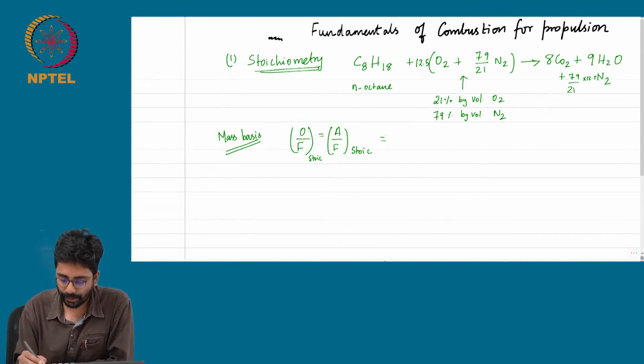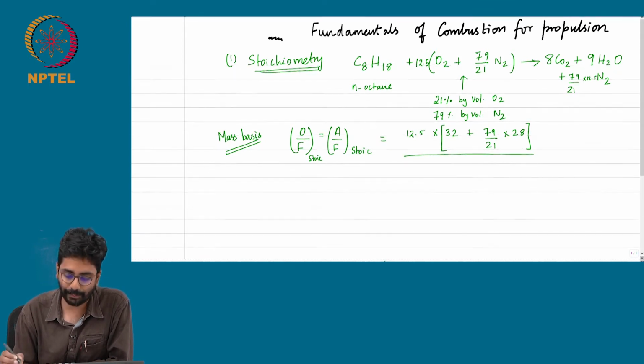It is the amount of oxidizer, which in this case is 12.5 times the molecular weight of oxygen, which is 32, plus 79 by 21 times the molecular weight of nitrogen, divided by the mass of the fuel.